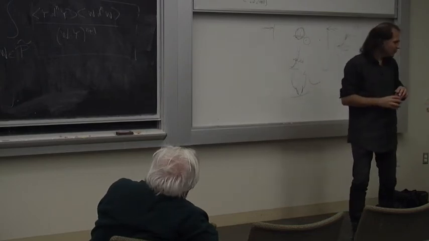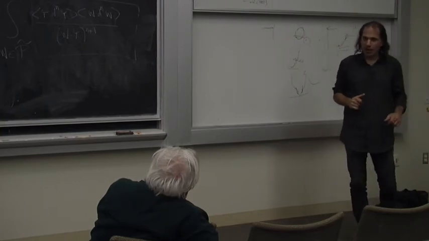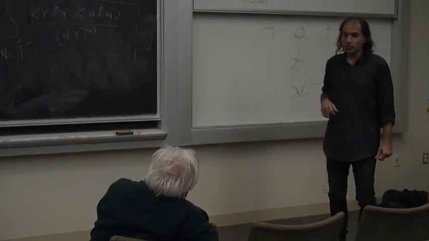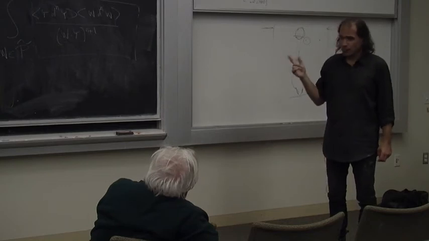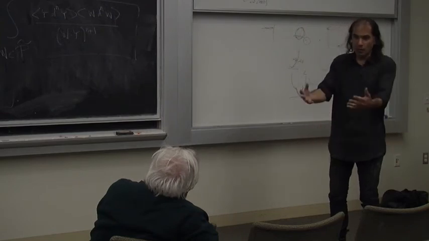So part of the interesting thing is that at loop level, especially when you go to two loops and beyond, the structures in the Grassmannian that are associated with the loop amplituhedron are different. They go beyond the usual standard positivities. Okay, I can tell you what they are.